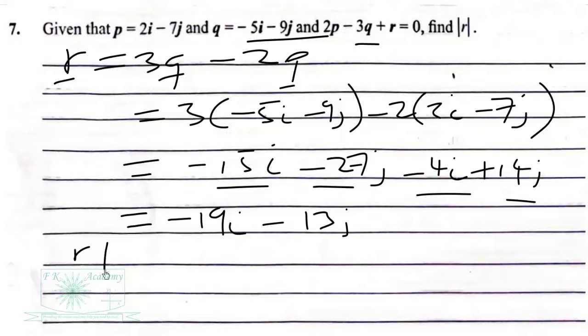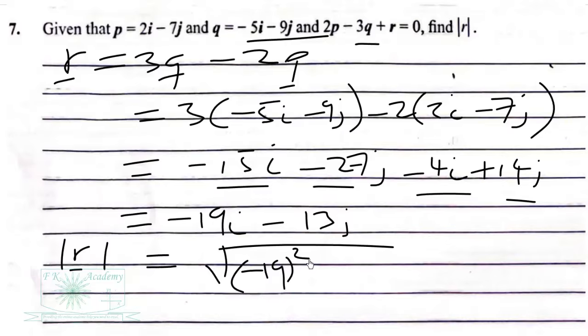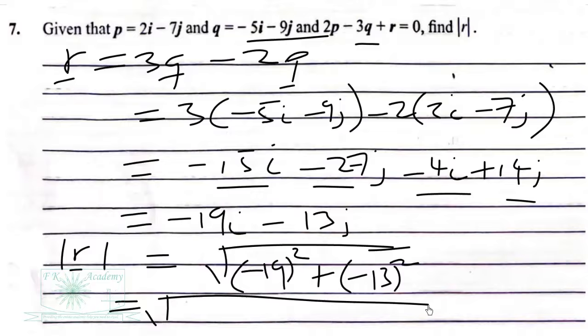So the magnitude of R will be equal to the square root of x squared plus y squared. And this will give us the square root of 361 plus 169, and that will give us the square root of 530.